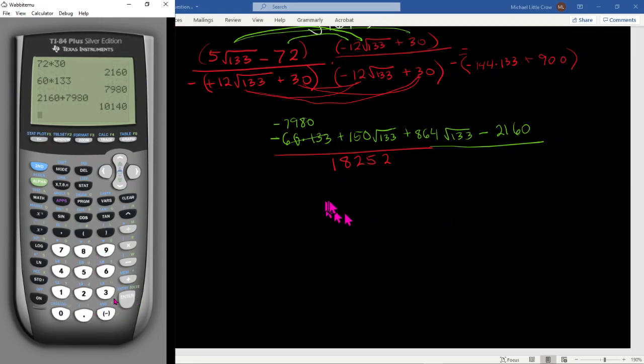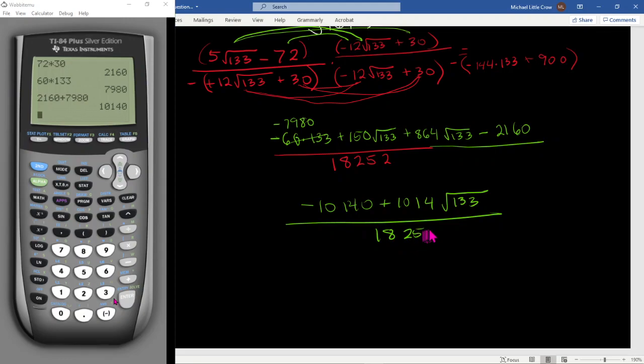That's going to be a negative 10,140. 150 plus 864 square root of 133, so that's plus 1014 square root of 133, all over 18,252.